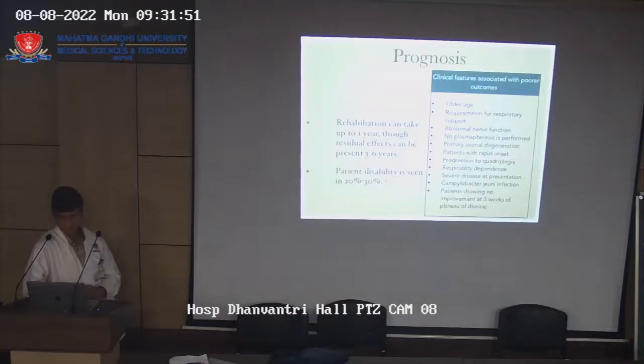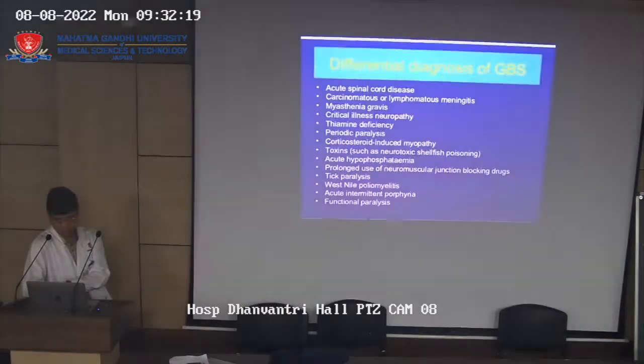Old age, requirement for respiratory support, abnormal nerve function, no plasmapheresis done, primary axonal degeneration, rapid onset of the disease, progression to quadriplegia, respiratory dependence, severe disease at presentation, Campylobacter jejuni infection, and no improvement at 3 weeks of plateau of the disease. In these cases, there are chances that the patient's recovery will not occur. So these are the poor prognostic factors.